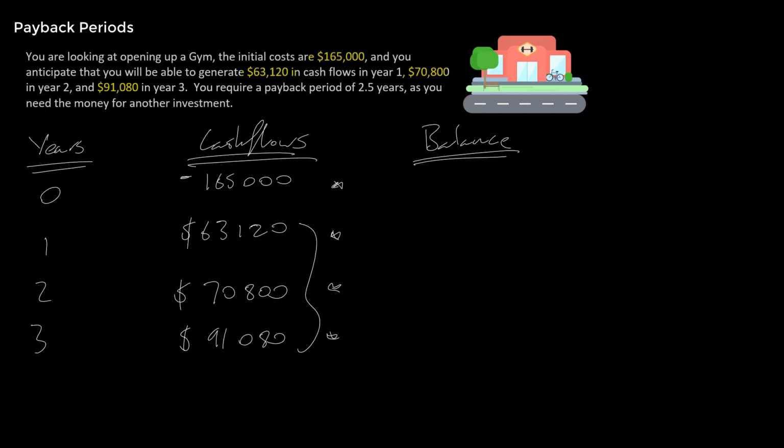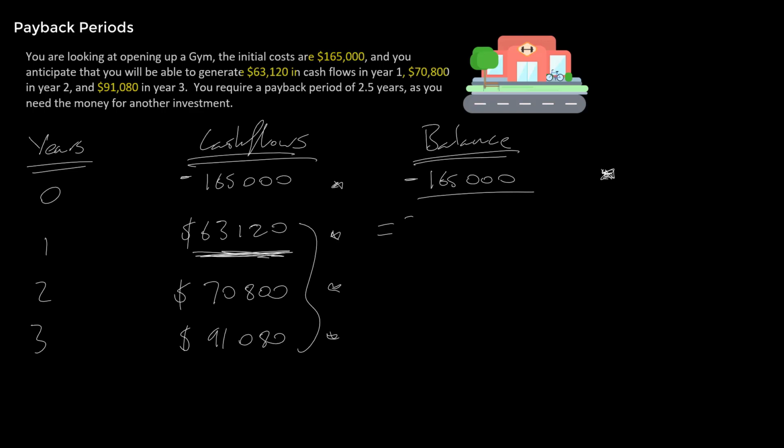Okay, so in terms of balance in year 0, we have a starting balance of negative $165,000. Okay, and that makes sense because in year 0, when we begin this project, we haven't made any money yet, and the balance should just represent what we paid to get this project started. In year 1, the balance should be reduced because we generated $63,120 in cash.